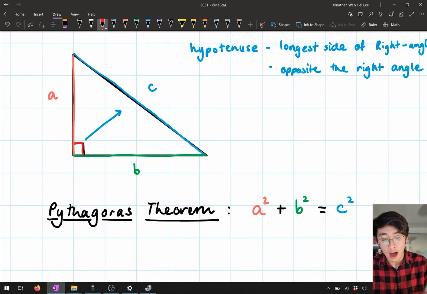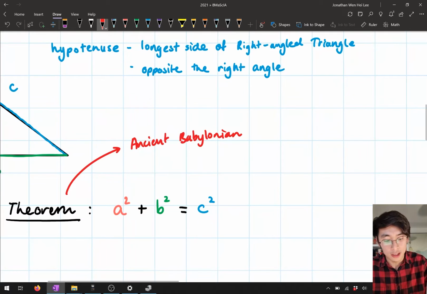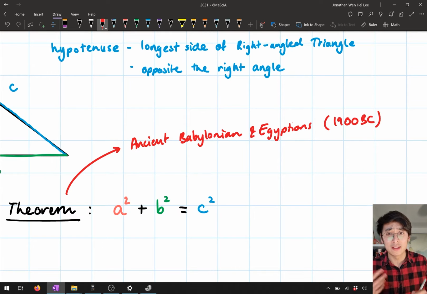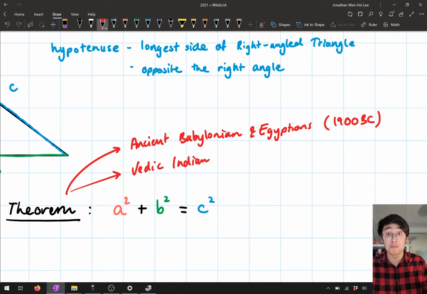For example, the ancient Babylonians and Egyptians came up with this relationship as well, and the Egyptians noticed this pattern all the way back in 1900 BC, like a full 1,400 years before Pythagoras. And not only that, Indians also discovered it, and so did ancient Chinese people, all a long time ago too.